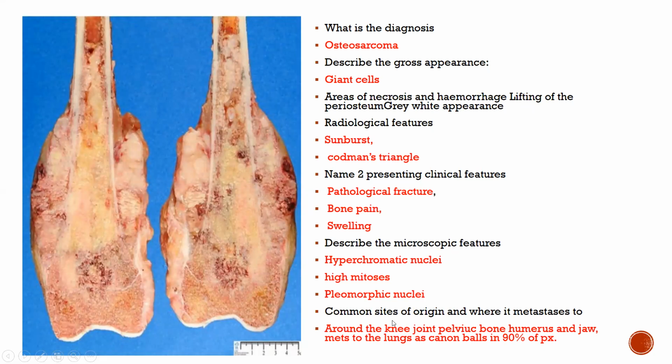How would you differentiate between this one, the osteosarcoma, and a giant cell tumor? Because you're describing the gross appearance and saying you're seeing giant cells. Actually, the answer to this question is not supposed to be giant cell.